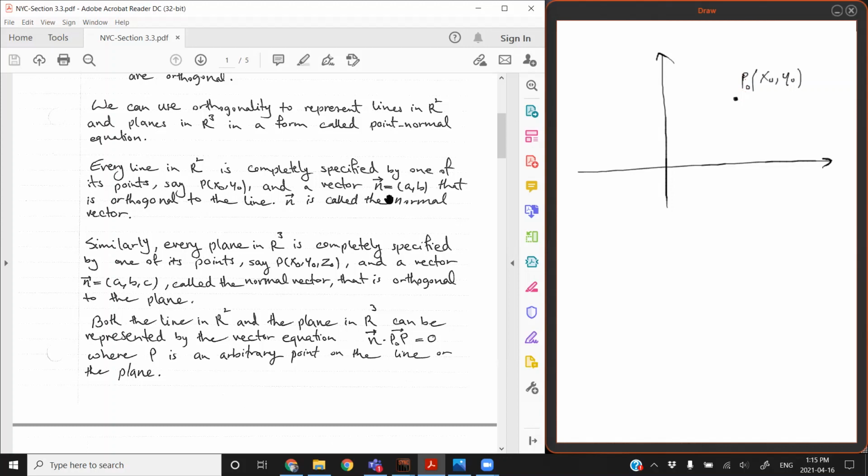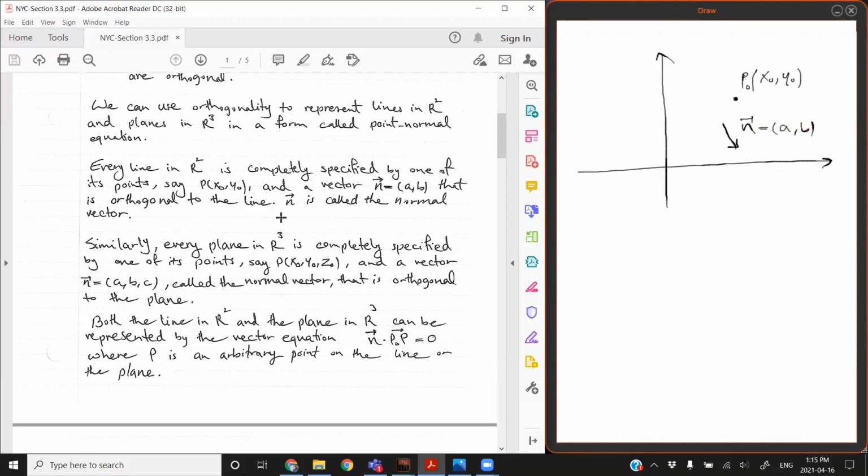And a vector n, which is called the normal vector, that is orthogonal to the line. So let's say this vector is over here. Let's say this is n.